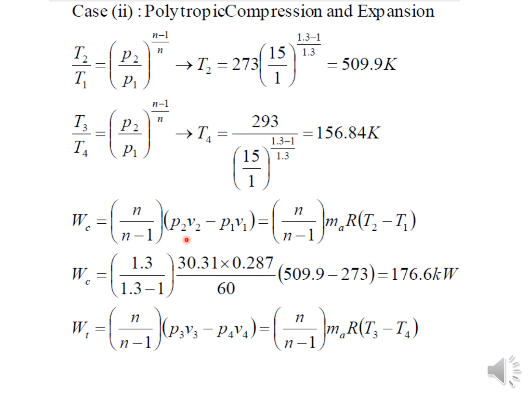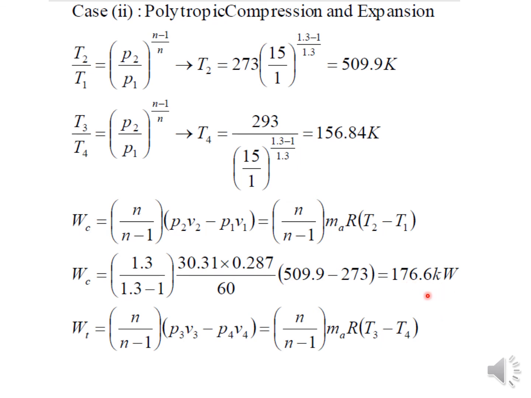So I can also say MA into R, T2 minus T1, since PV equals MA into R into T. MA is calculated already, 30.31, T2 is calculated here, T1 is given. R value 0.287.